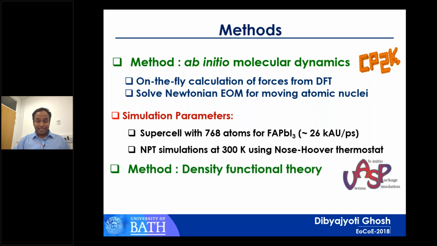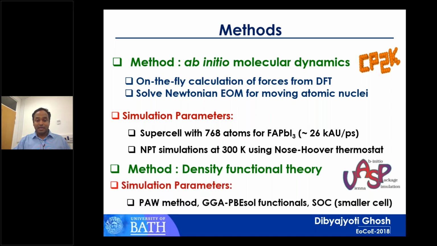For static calculations, we have used the density functional theory based code VASP, with PAW methods and the PBEsol functional, and to look into particularly the electronic properties, we have used spin-orbit coupling for some of the calculations.